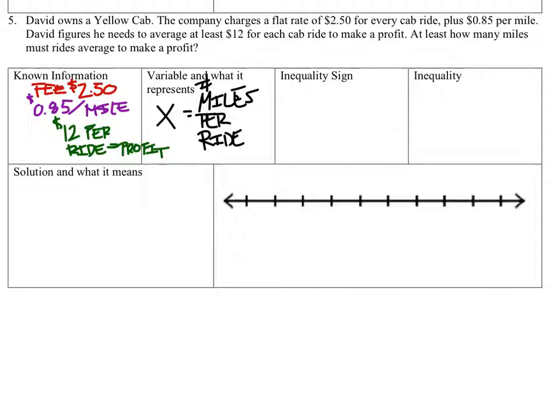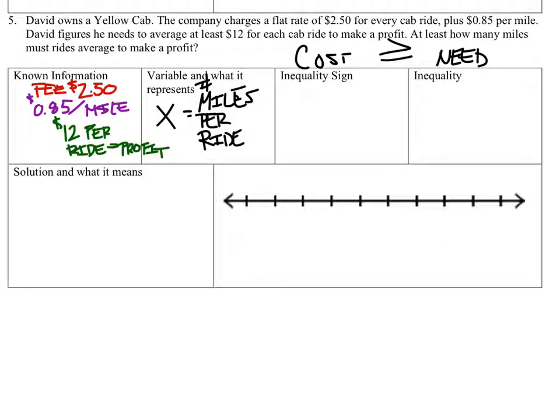So there's a couple things. We know how much is needed, and we're going to compare that with how much a ride will cost. We want the cost to be greater than or equal to what we need for profits. All right, well, how much does it cost?